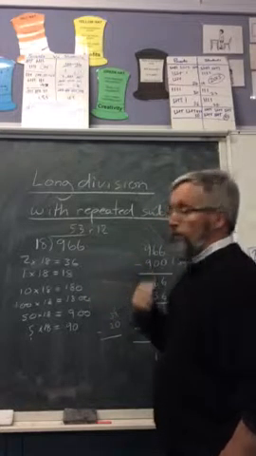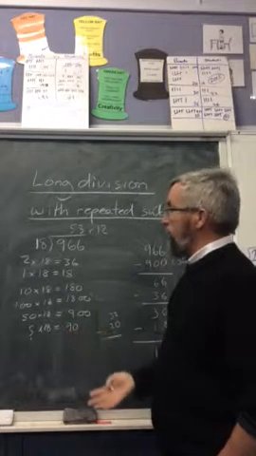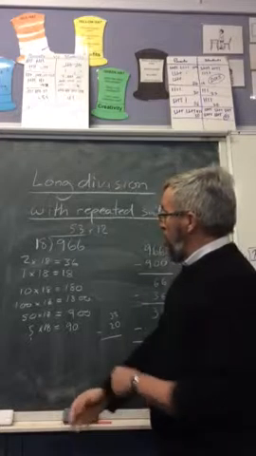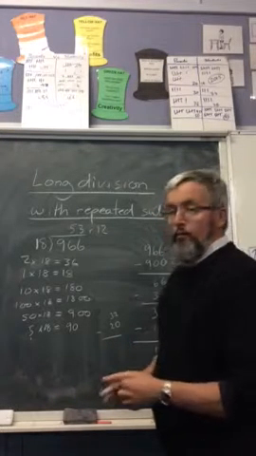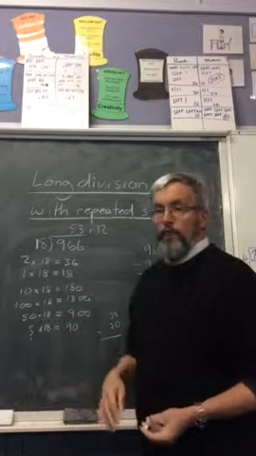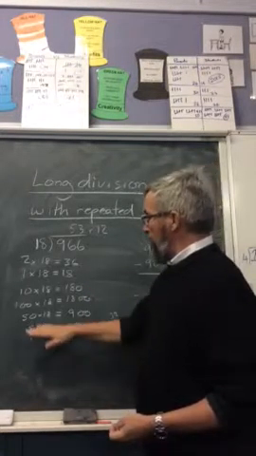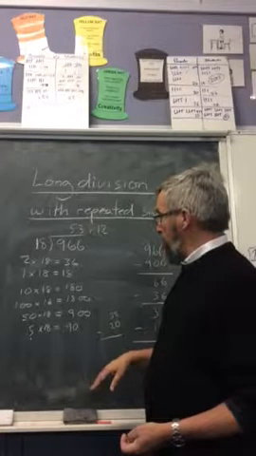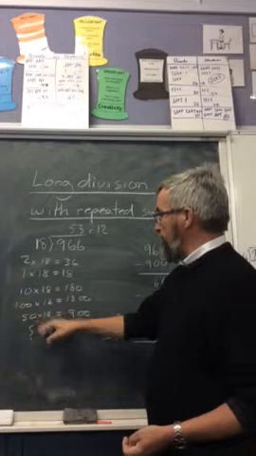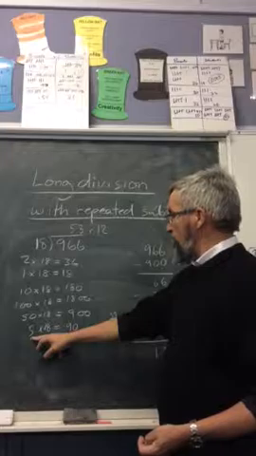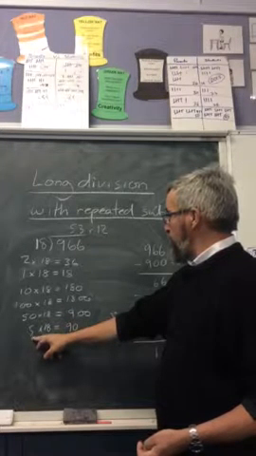So the important thing about repeated subtraction is it does build on some just know it things. Hopefully most people will know what happens to a number when you multiply it by 10 or 100, that it gets 10 times bigger or 100 times bigger, and how to halve answers. That gives you different times by facts to use.